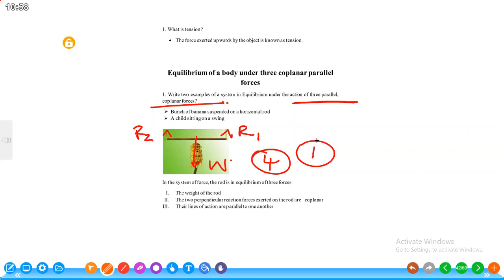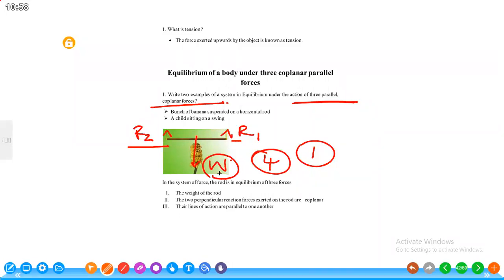So label the forces acting here. This is R1, this is R2. R1 and R2 are perpendicular forces, and W is the weight of the object. Now we are going to observe what conditions must be maintained for equilibrium of a body under three coplanar parallel forces.